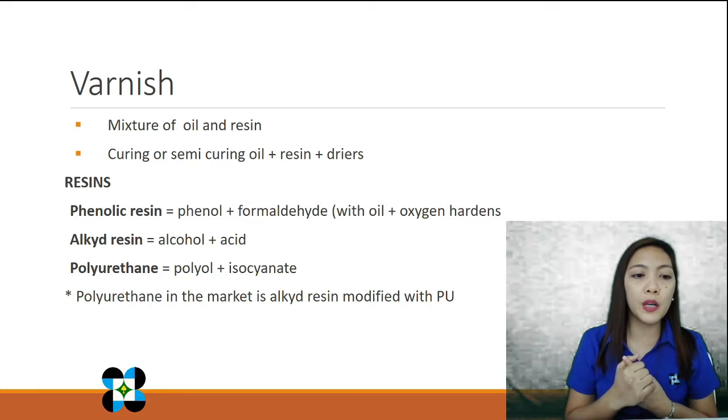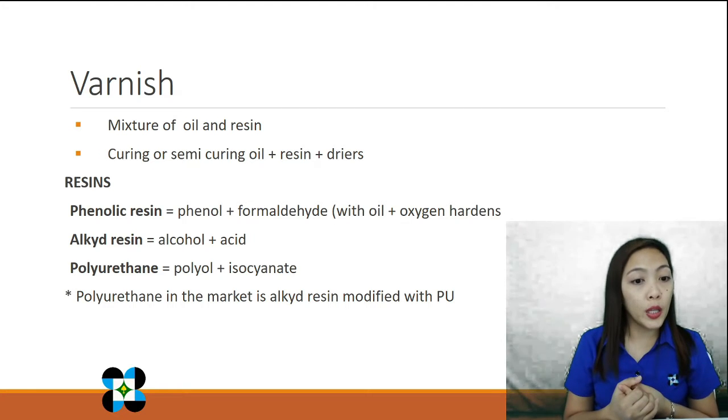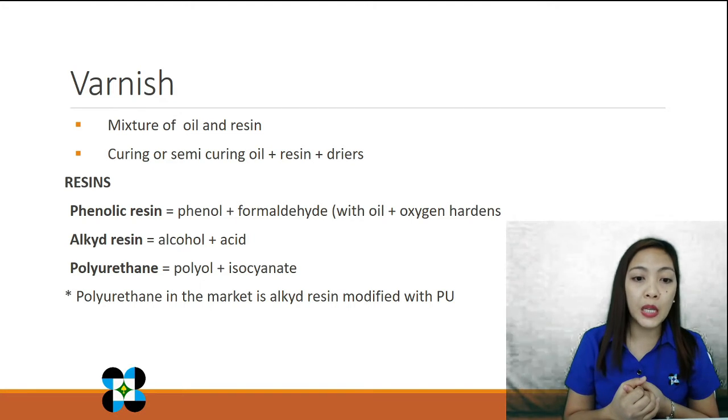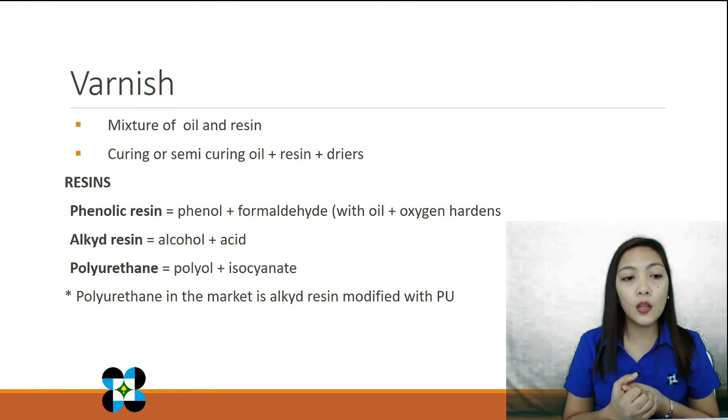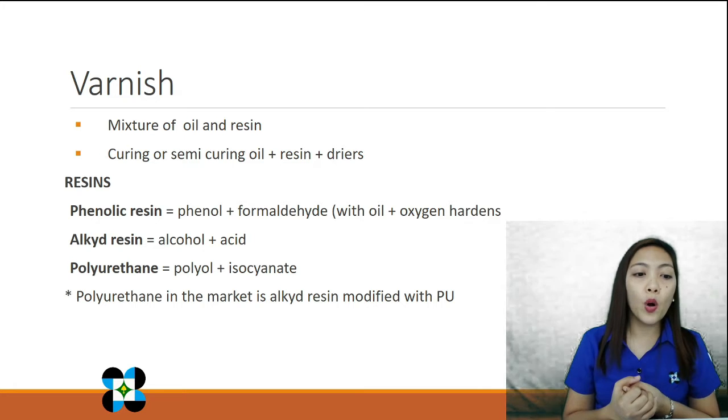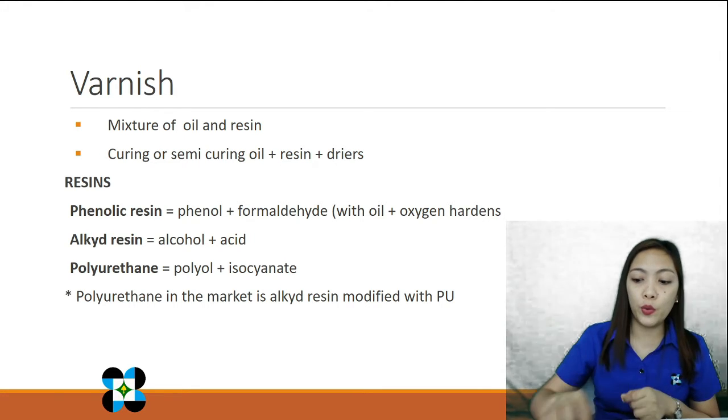So, example ng mga resins are the phenolic resin, which is a combination of phenol and formaldehyde. We also have the alkyd resin, which is a combination of alcohol and acid, and polyurethane, yung polyol and isocyanate. So, yung nabibili natin na polyurethane in the market is actually alkyd resin modified with PU.